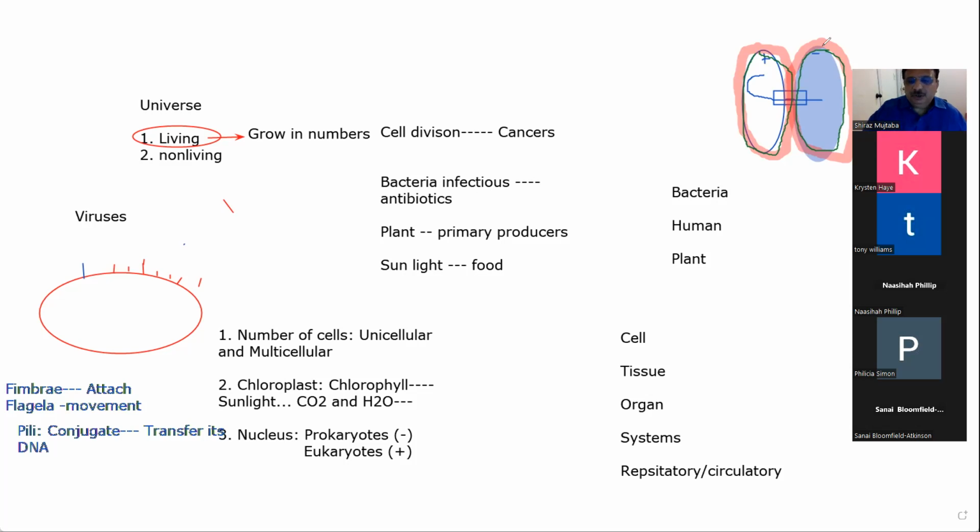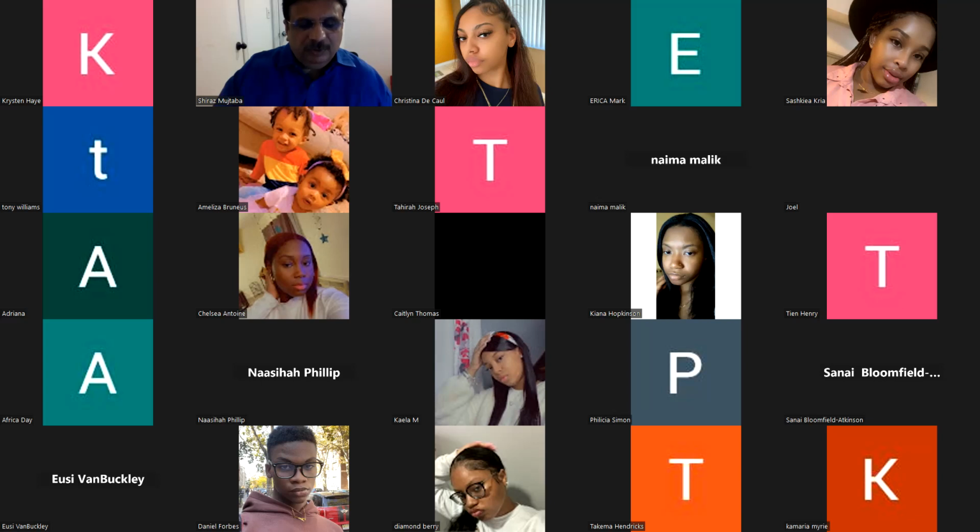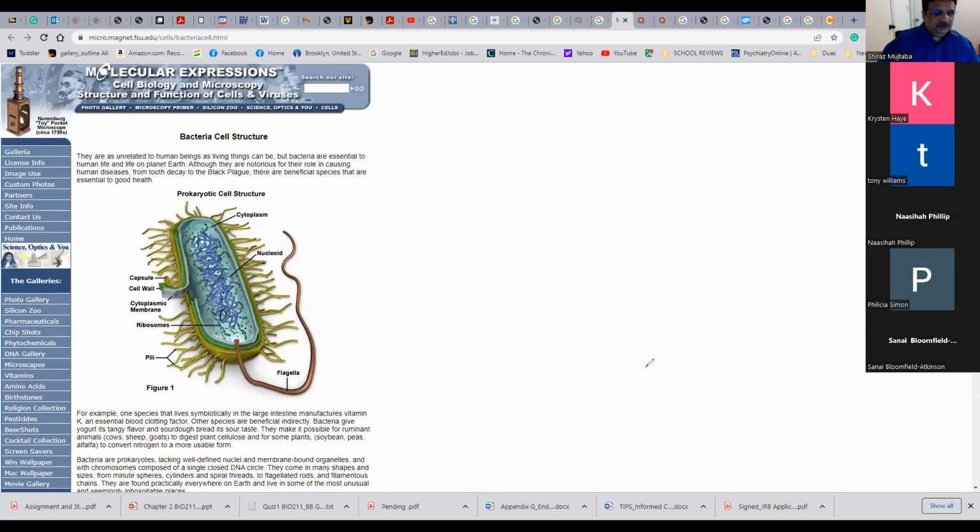Now, as I mentioned to you, bacteria is a typical representative of the prokaryotic world, and the basis is that it doesn't have a nucleus. Of course, bacteria has DNA, but this DNA of bacteria is not present inside a nucleus.